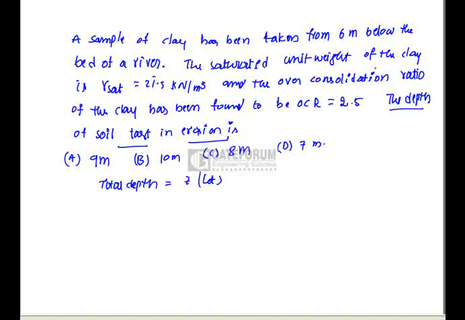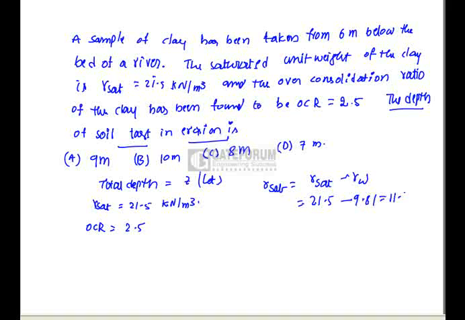The saturated unit weight of the clay, gamma saturated, is given as 21.5 kilonewton per cubic meter, and the over consolidation ratio is given as 2.5. Then we have to find out the depth lost in erosion. So gamma submerged we can calculate, that is equal to gamma saturated minus gamma W, that is 21.5 minus 9.81, that is 11.7 kilonewton per cubic meter.